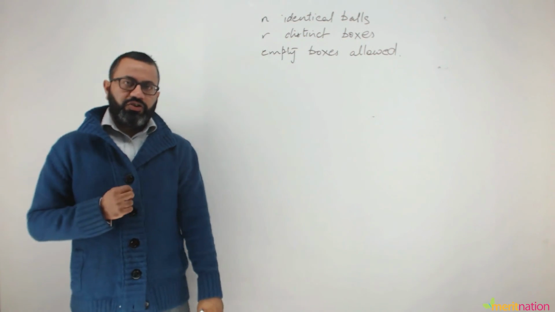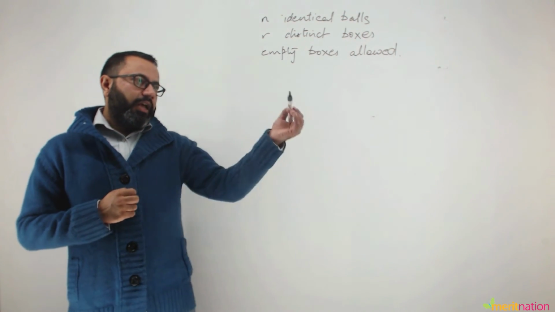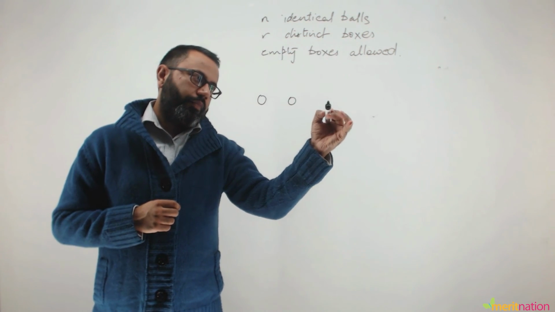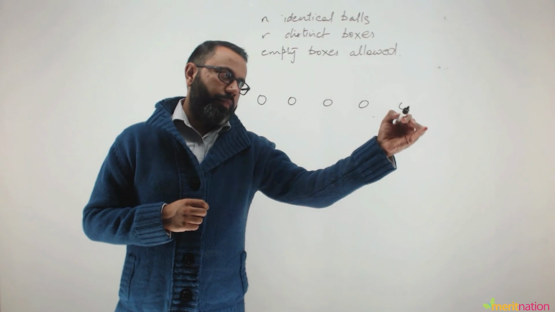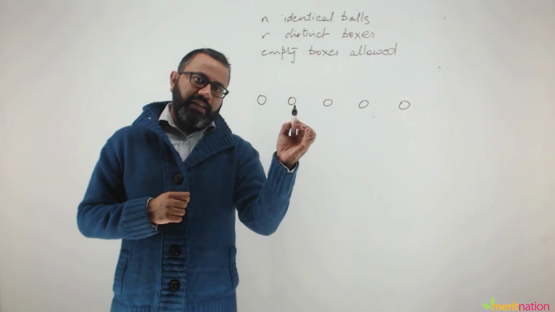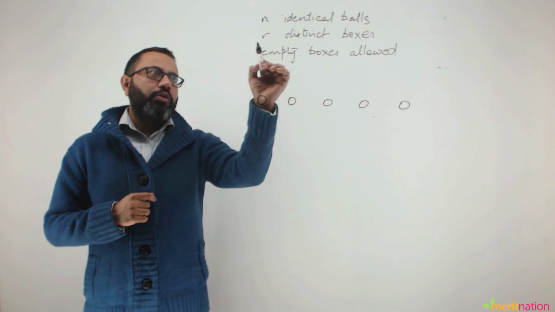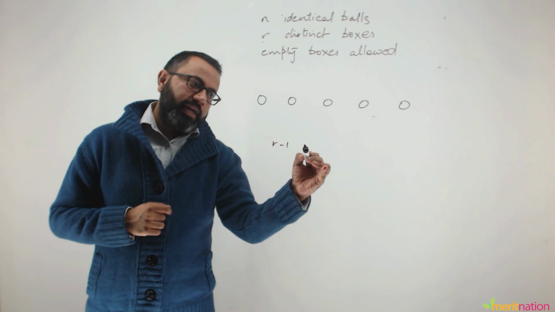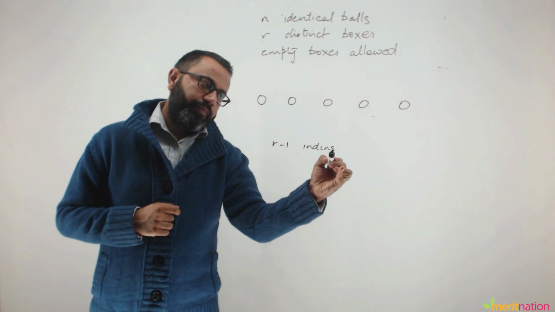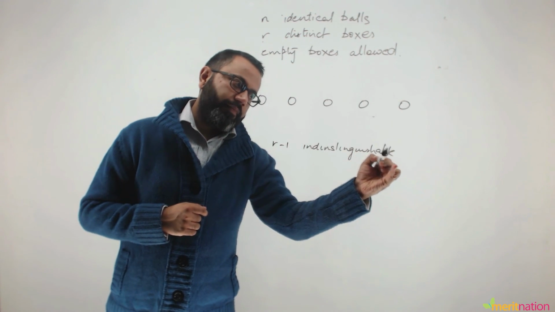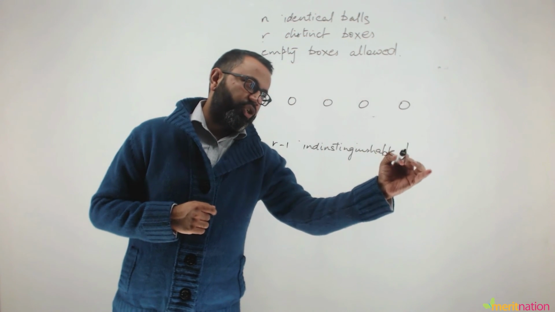Well, there are 2 ways to approach this problem. Let's look at the most elegant method. Now, instead of looking at these n minus 1 gaps, I'm still going to reduce the r distinct boxes to r minus 1 indistinguishable partitions.